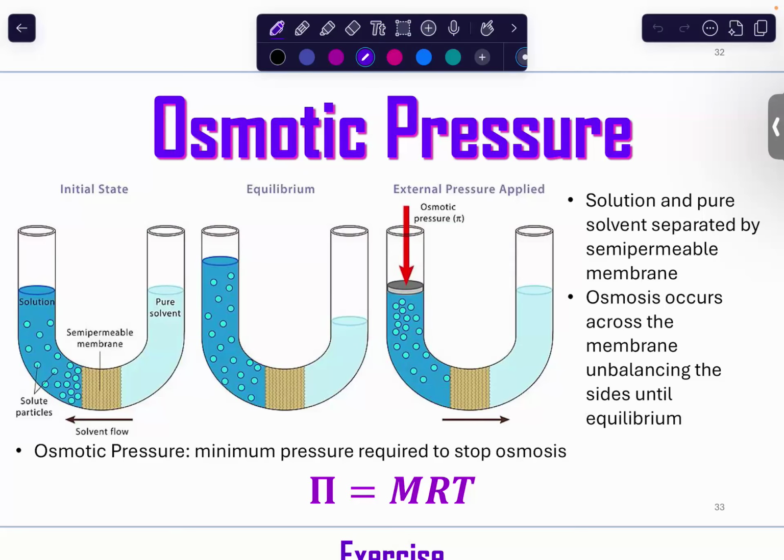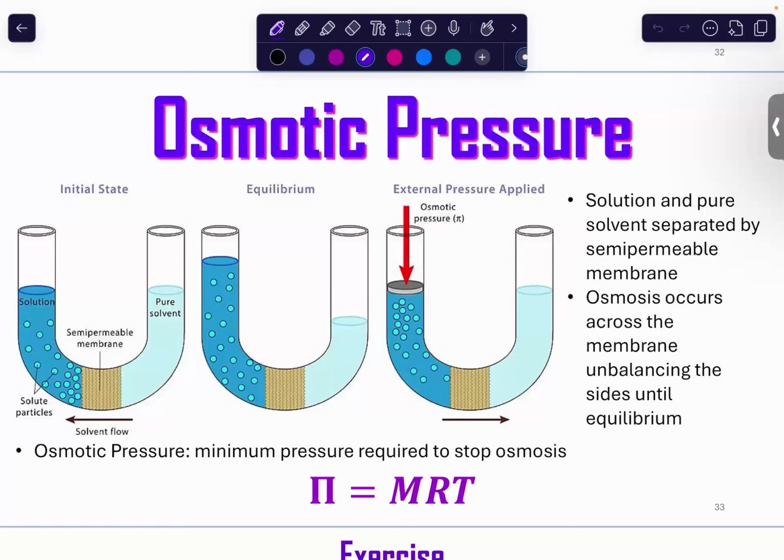All righty, so we left off with osmotic pressure. So remember, you have this system where on one side you have pure solvent, on the other side you have solution. So the side with solution is going to start to pull pure solvent through the semi-permeable membrane to dissolve its particles a little bit more.